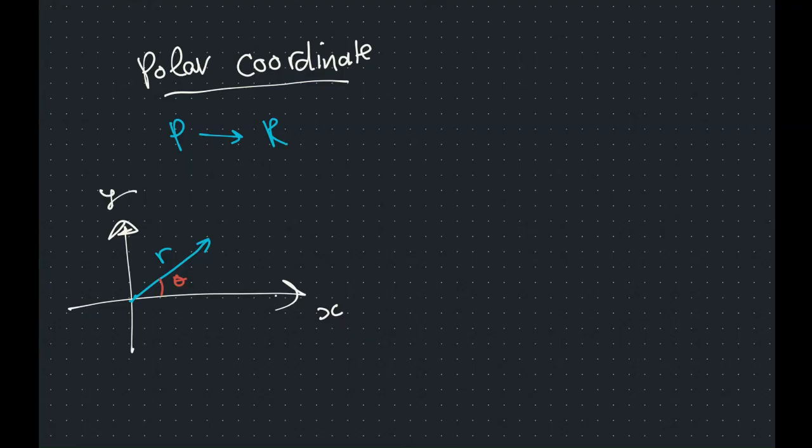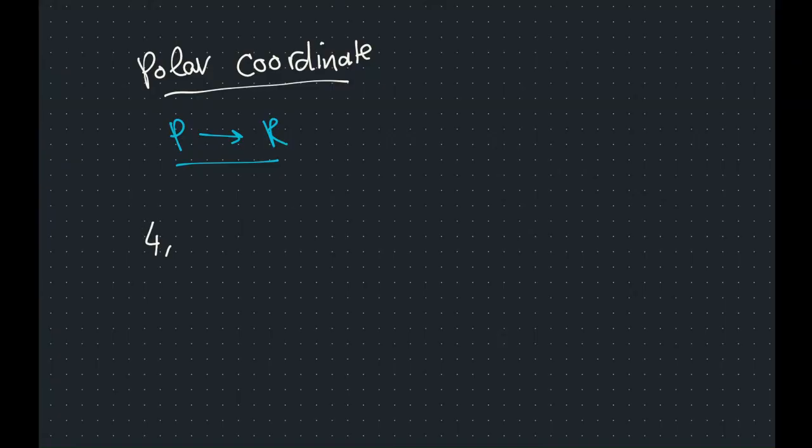What will the x projection be and the y projection be? We know that the x projection is going to be r cosine theta and the y projection is r sine theta. And this is exactly how we convert from polar to rectangular.